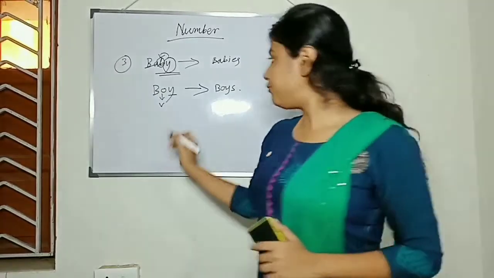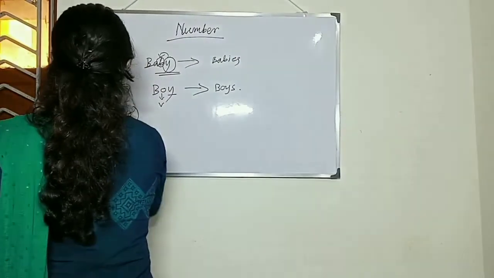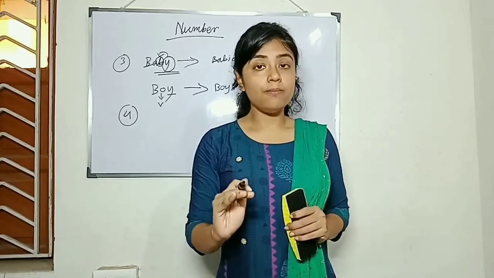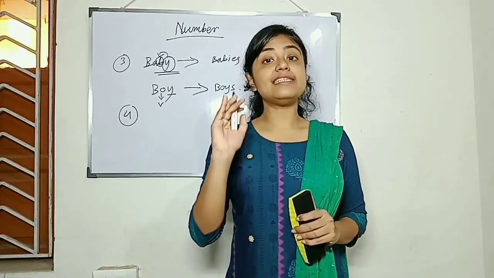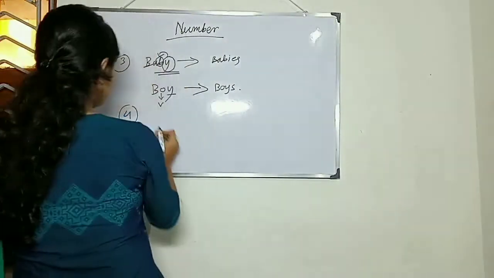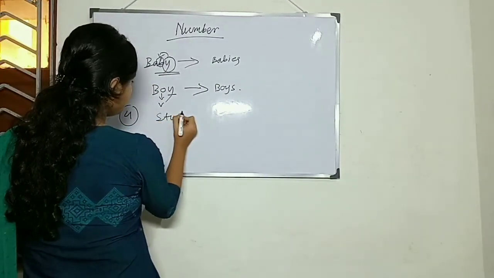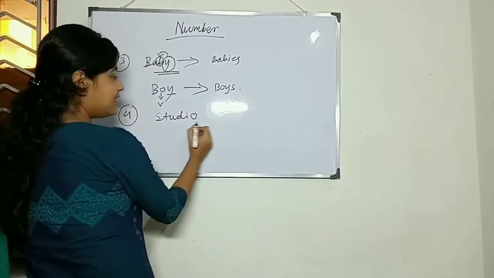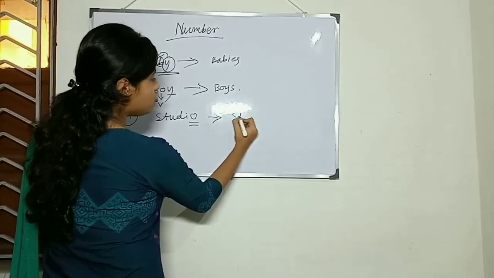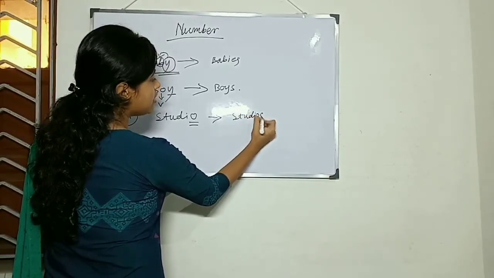Now comes rule number 4. Singular ends in O generally adds S in the plural form. For example, studio. It ends in O, so we will add only S. Studios.